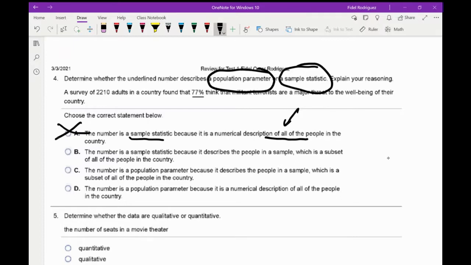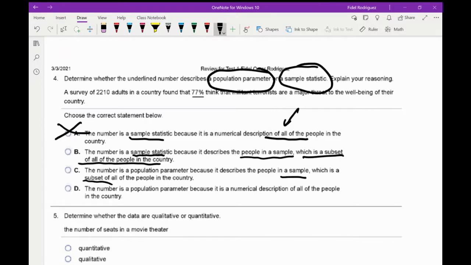So then choice B says it's a sample statistic because it describes the people in a sample, which is a subset of all the people in the country. So it could be B because that is what a sample is. Now I'm going to go to choice C. The number is a population parameter because it describes the people in a sample, which is a subset.